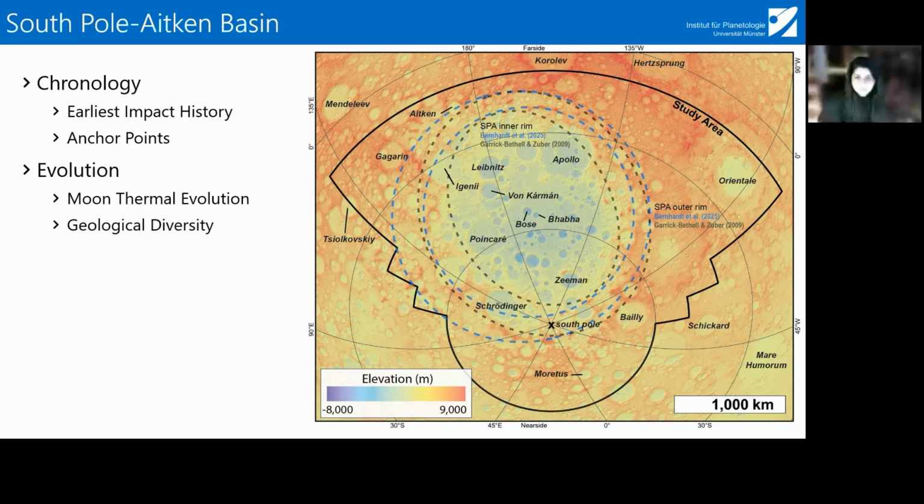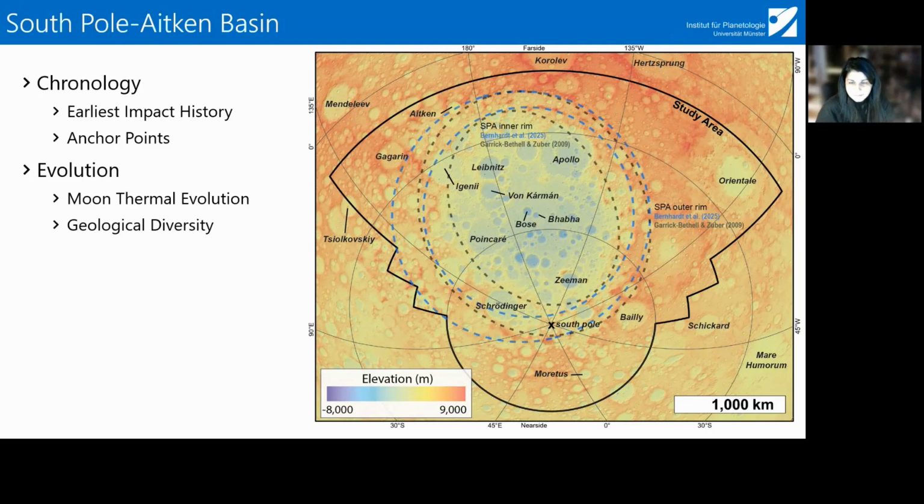We want to test the validity of the chronology function, which the SPA region can help with, as it has so many other basins, not only itself, that can provide various anchor points for the chronology function. And of course, we want answers about thermal evolution. This region has a geological diversity from the oldest basins to the youngest mares. So, of course, this is a very interesting region.